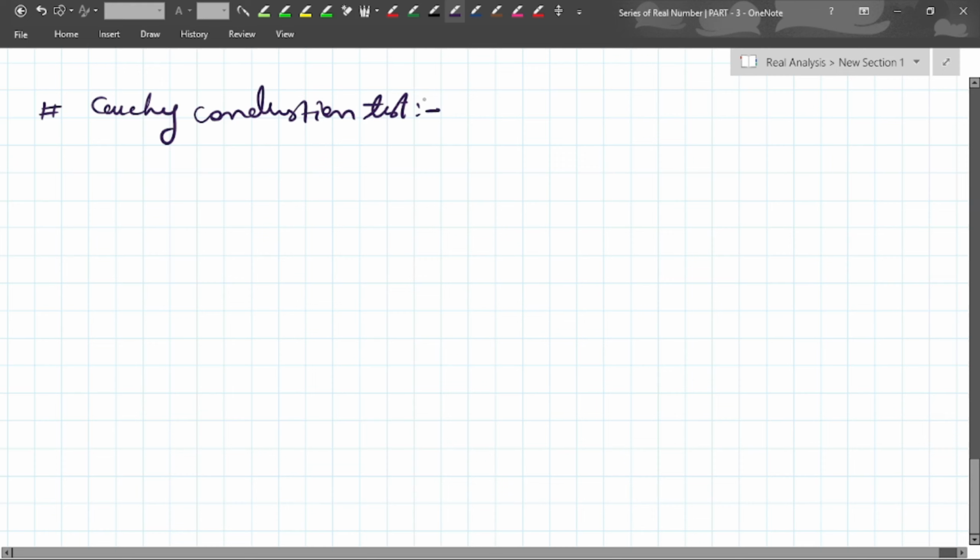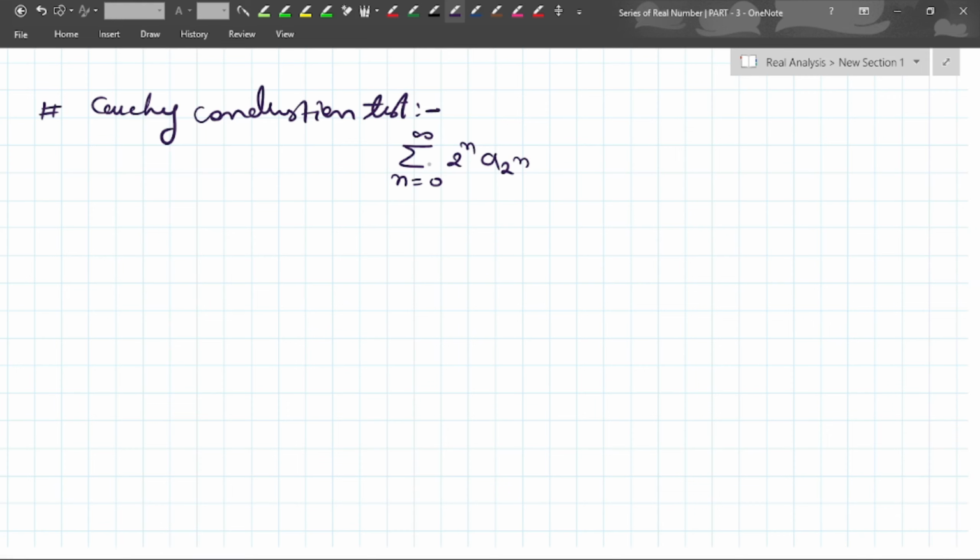If you have a series, let's say summation n equals 0 to infinity, then 2 power n a 2 power n, this series is considered convergent. This is nothing but a harmonic series. Now we'll take one example so that it gets clear.